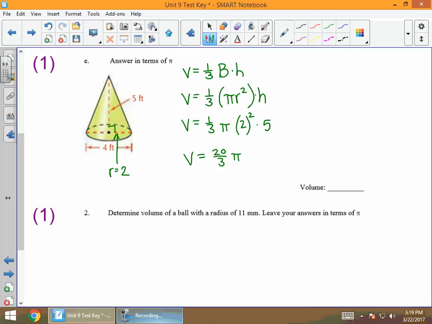But it did say that you could round any of your answers to a single decimal point. If you were to take 20 divided by 3, I would accept 6.7 pi, and my labels are feet cubed. So I accepted either answer, either 20 pi over 3 cubic feet or 6.7 pi cubic feet.